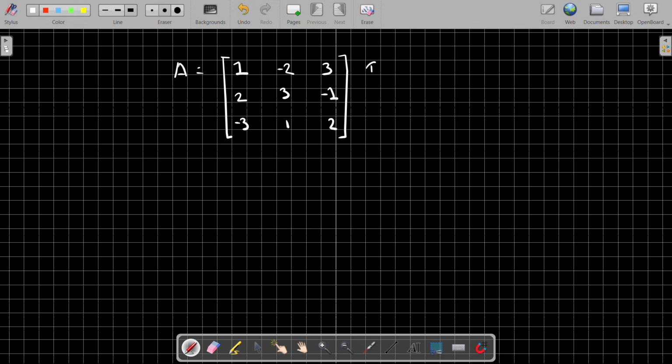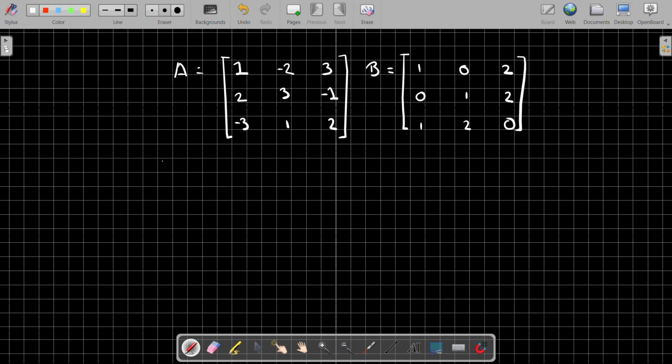And our matrix B is 1, 0, 2, 0, 1, 2, and 1, 2, 0. So we will repeat the same exercise on this one.